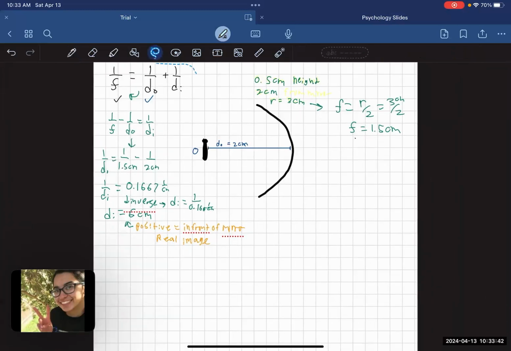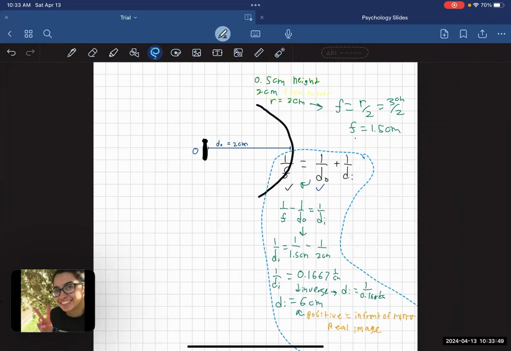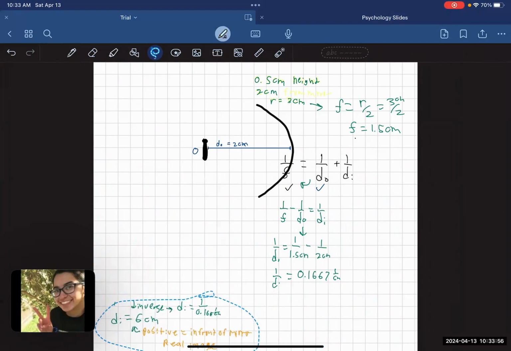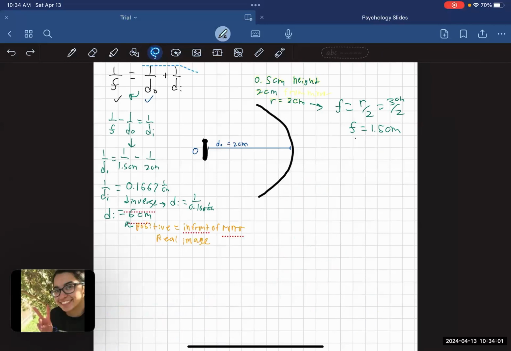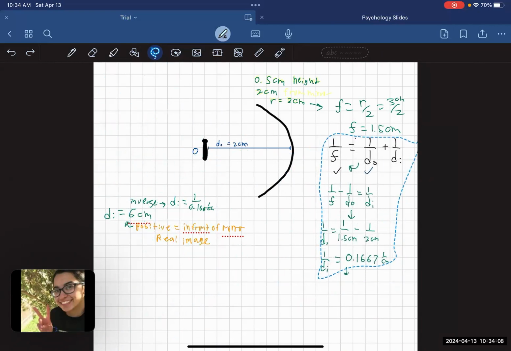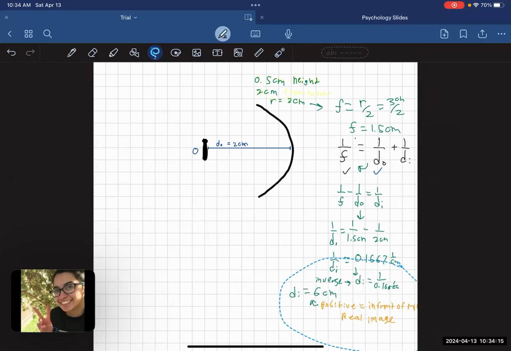Move these down. Or at least over here. Because I know we're gonna need the space over here for the drawings.